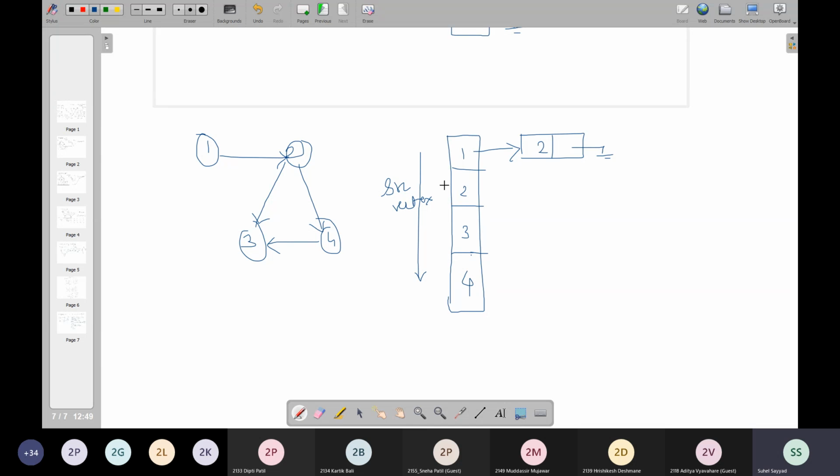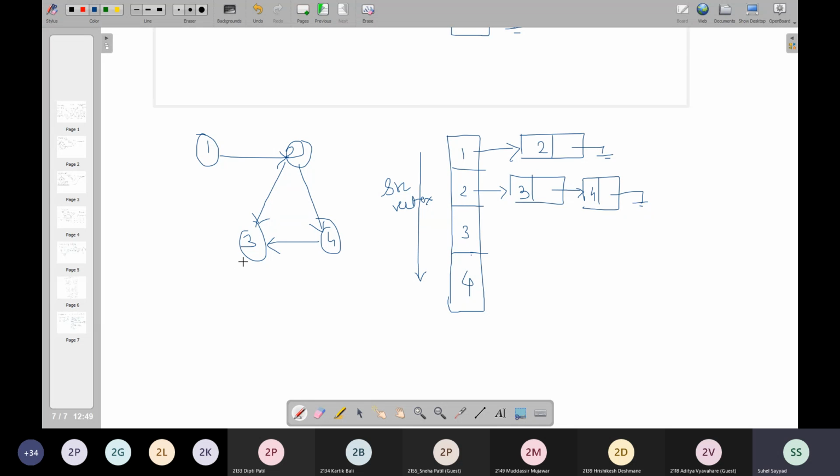I again repeat, the edge 1, 2 will not contribute in the linked list of 2 because in this, 2 is a destination. While I represent this list, I am considering this particular vertex as the source vertex. So for which edges is 2 acting as the source vertex? Edge 2, 3 and edge 2, 4, right? So for 2, 3 I'll be storing 3 and for 2, 4, I'll be storing 4 in my linked list.